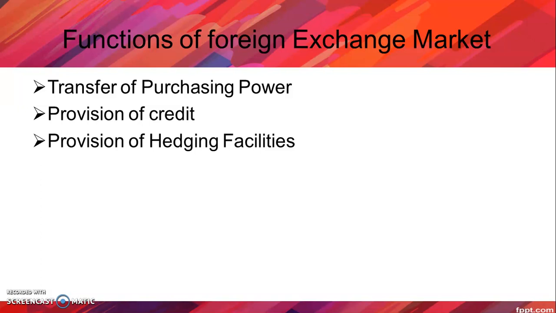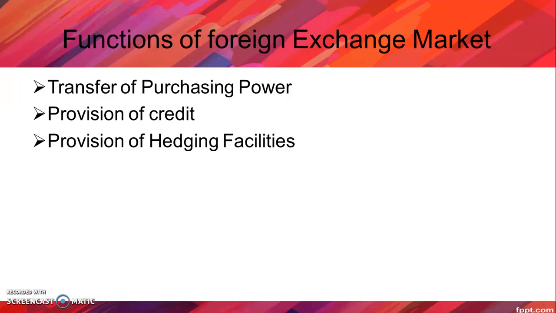The credit function performed by foreign exchange markets also plays a very important role in the growth of foreign trade, for international trade depends to a great extent on credit facilities. Exporters may get pre-shipment and post-shipment credit. Credit facilities are also available for importers.